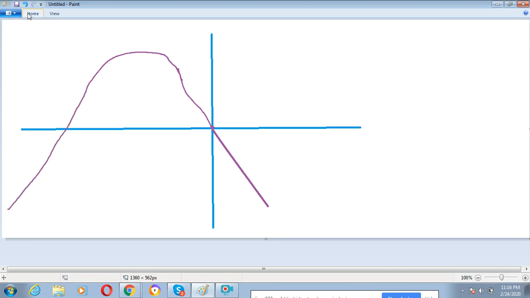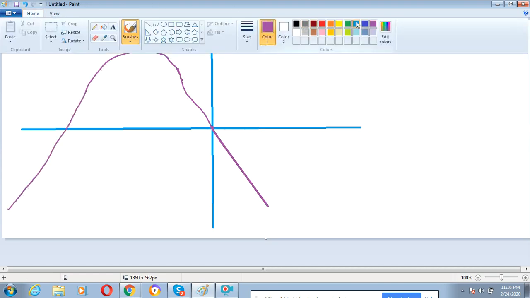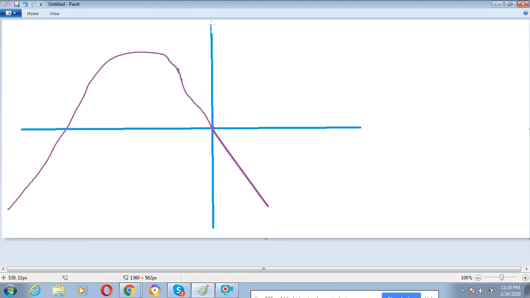This peak value is the point where I need to take care, where is the maximum value of y. What is that? 8.